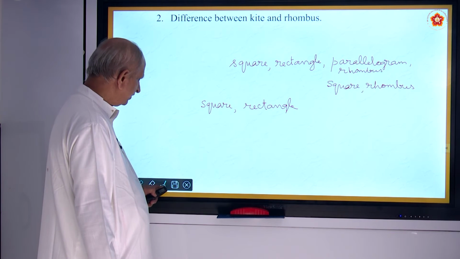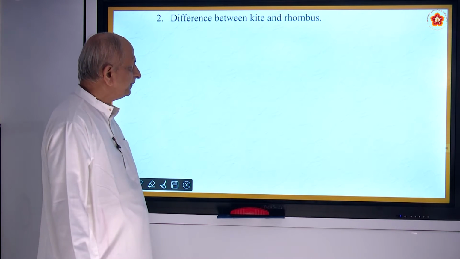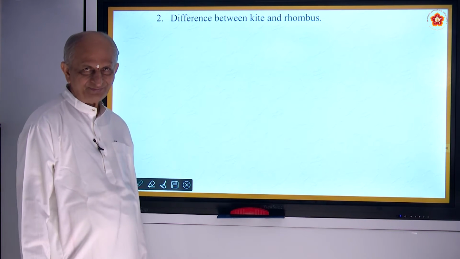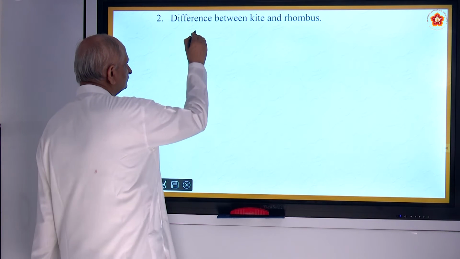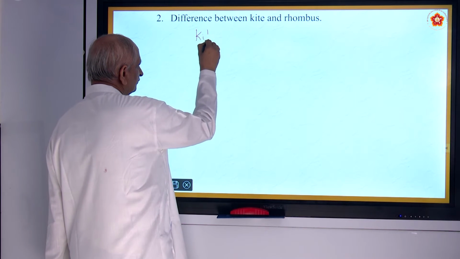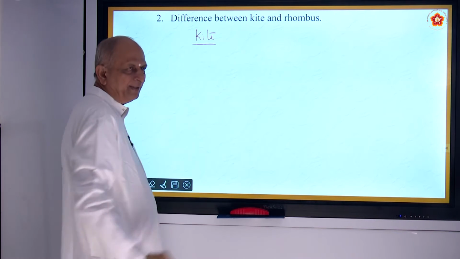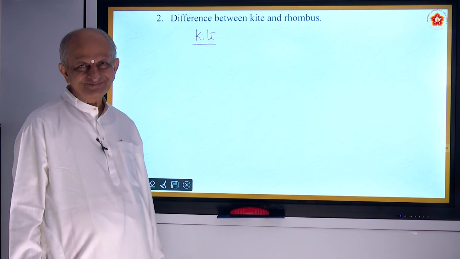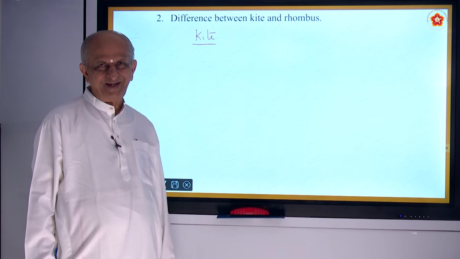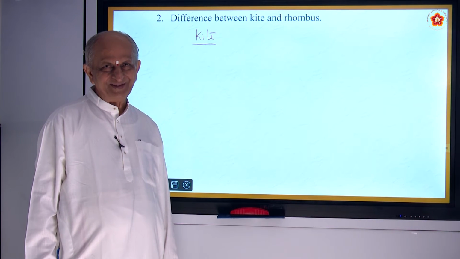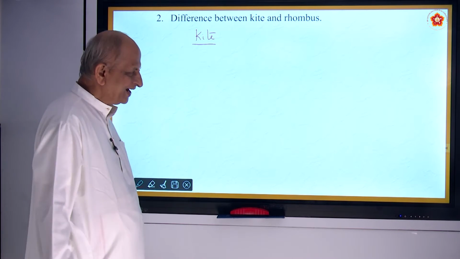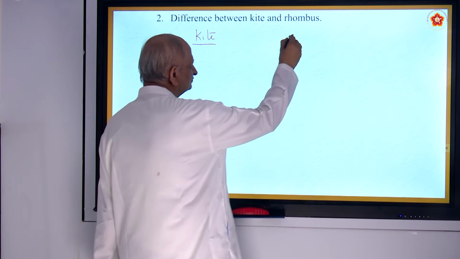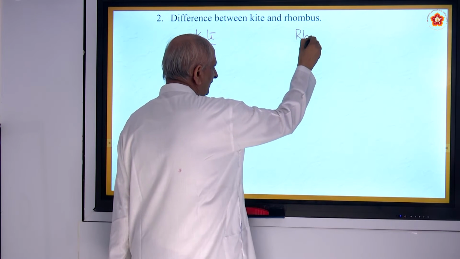Coming to the second question, difference between kite and rhombus. Both look alike. How many have played with a kite? Okay, most of you, right? Very interesting, and you have to prepare your own kite and rhombus.